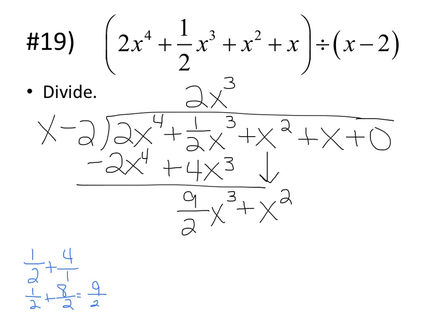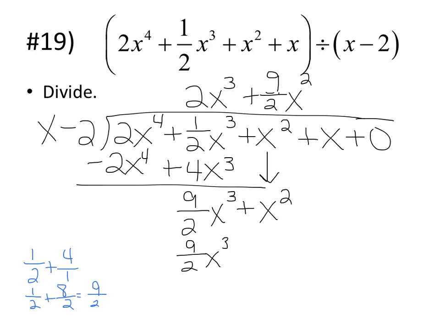Well, you're going to need a 9/2, so we can write that. It's a terrible 9. Looks like an A. There we go. 9/2, and then you need an x squared. So it's 9/2 x squared. So 9/2 x squared times x is 9/2 x cubed, and 9/2 x squared times negative 2.